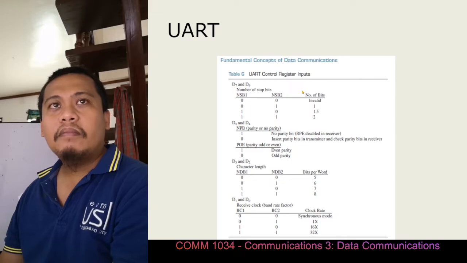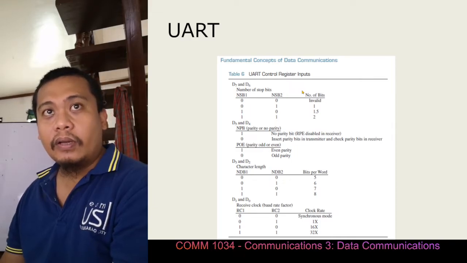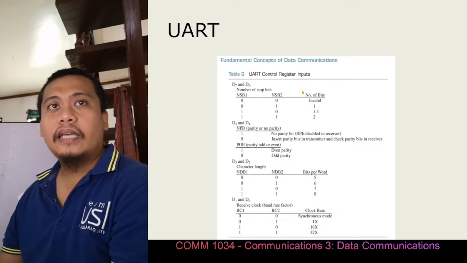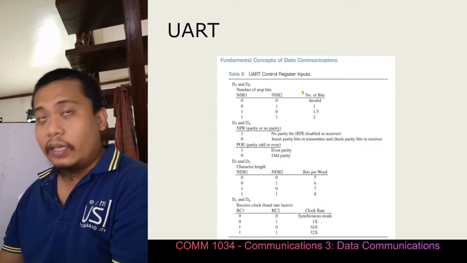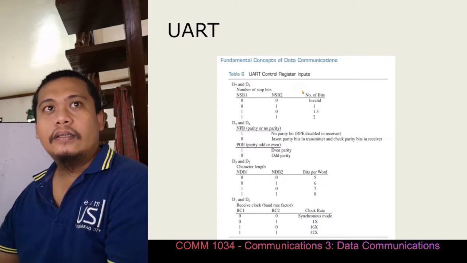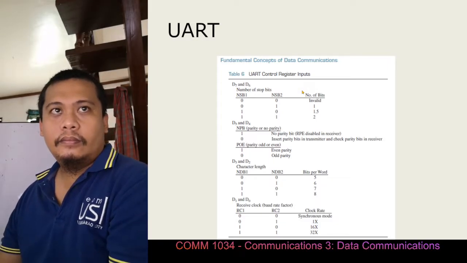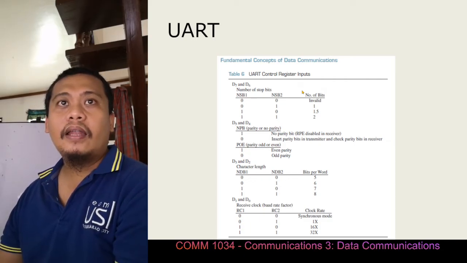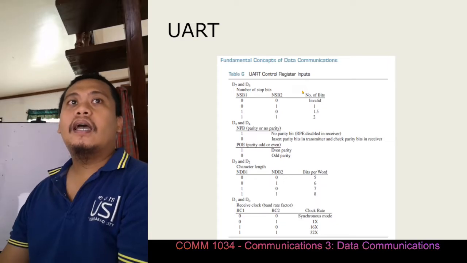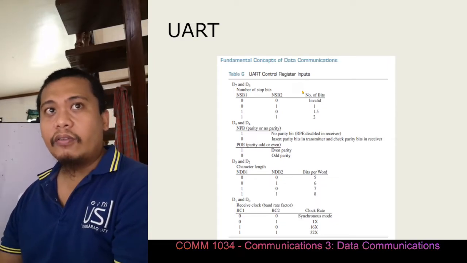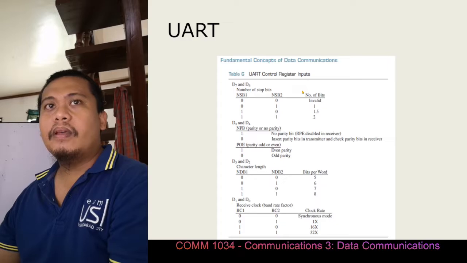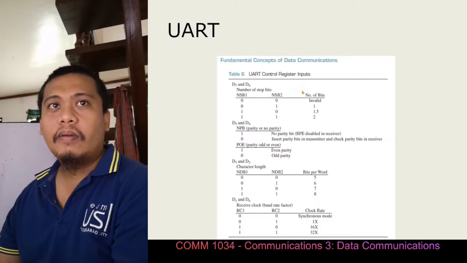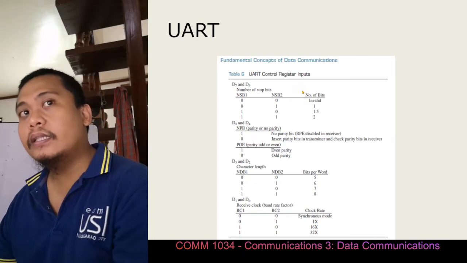Odd parity is selected by clearing POE, and even parity is selected by setting POE, or logic 1. The number of stop bits is established by the NSB1 and NSB2 bits and can be 1, 1/2, or 2. The character length is determined by NDB1 and NDB2 and can be 5, 6, 7, or 8 bits long.